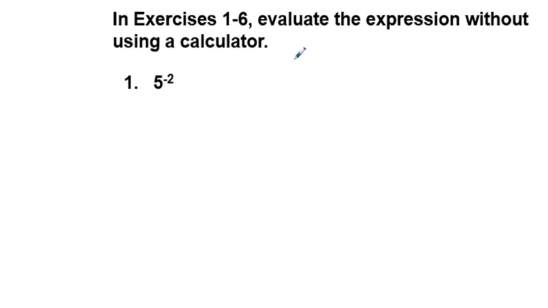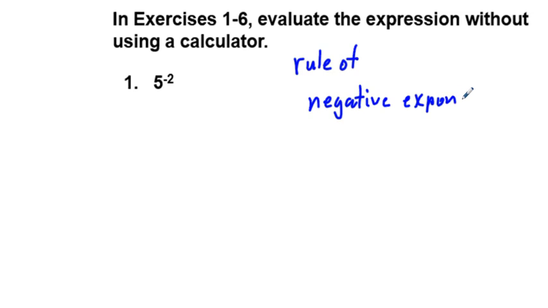And so this has to do with really the rule of negative exponents. And that rule specifically is that if you have a value x to the power of negative a, this can be rewritten as 1 over x to the power of a.